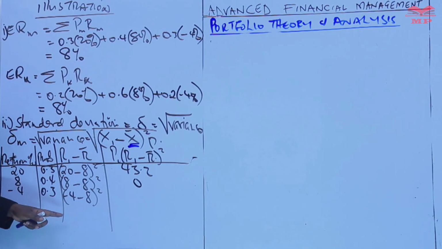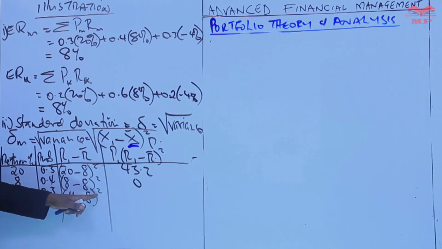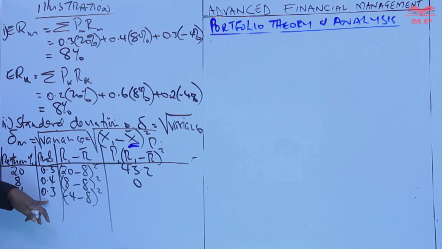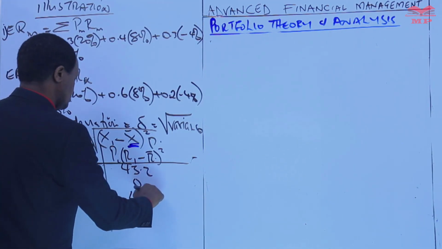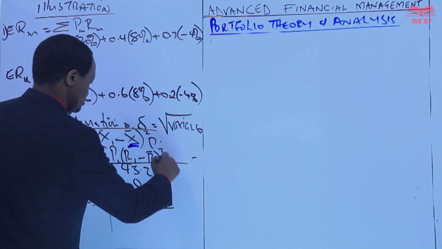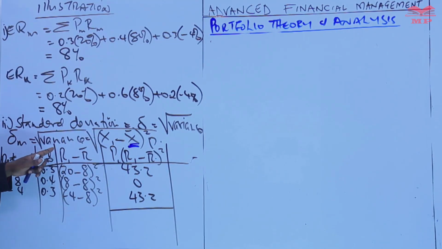Give me the other value: negative 4% minus 8%, square the deviation, multiply by the probability of 0.3, for 43.2. Then get the total, the summation, because this is the general formula, candidates. The total is 86.4.